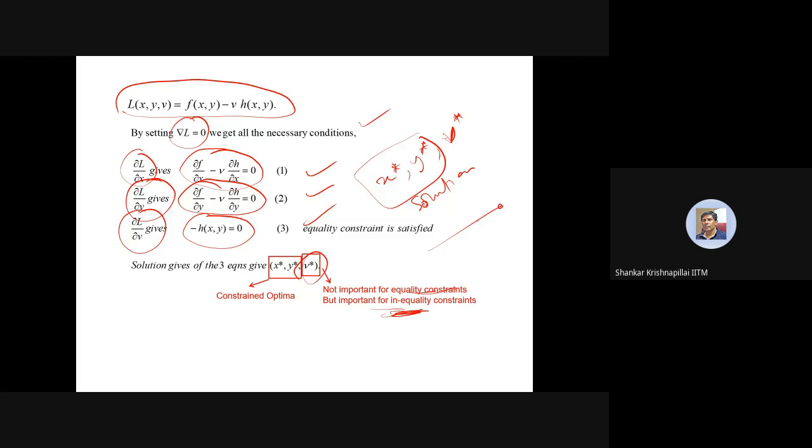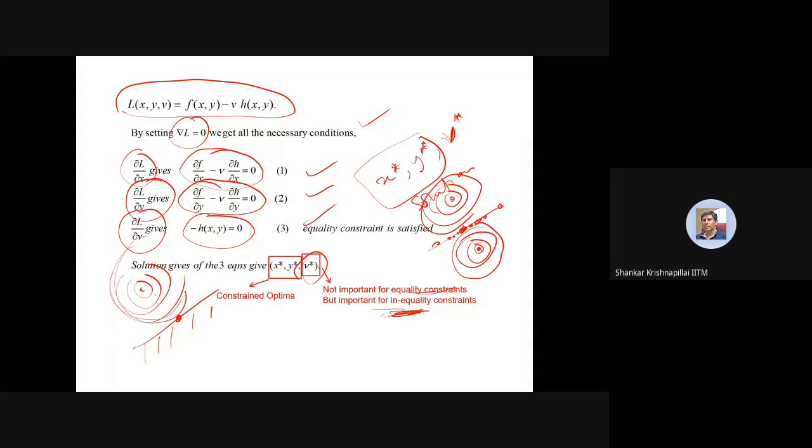If you have an equality constraint like this, it doesn't matter if the contours are coming from here or from here, as long as the points are on the equality constraint. But if you have an inequality constraint like this, this will give the minimum of the inequality constraint problem if the objective function is outside the feasible region.